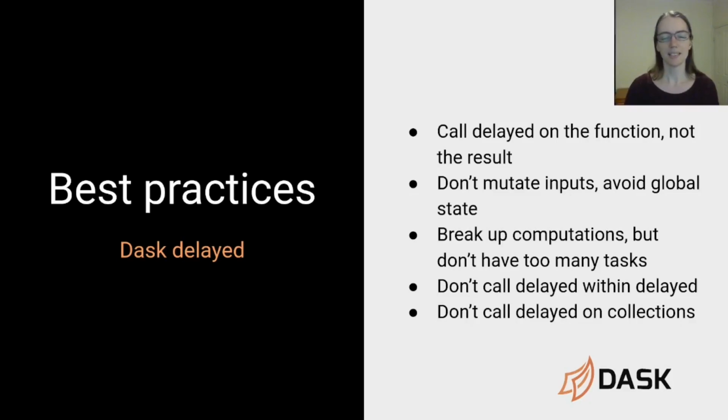It's like sending somebody to bring you back a pile of rocks one pebble at a time instead of bringing a bucket. Now, you never want to call delayed from within another delayed function. This is a recipe for confusion, especially confusing error messages. Finally, you also shouldn't call delayed on collections like Dask arrays or Dask data frames. That's because collections in Dask are already optimized for that purpose, so you'll probably just wind up slowing things down.